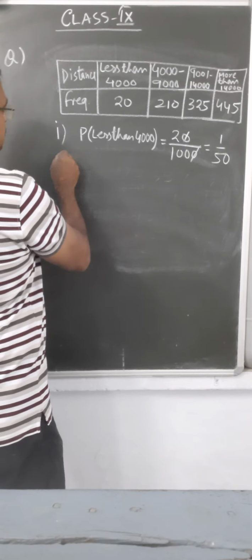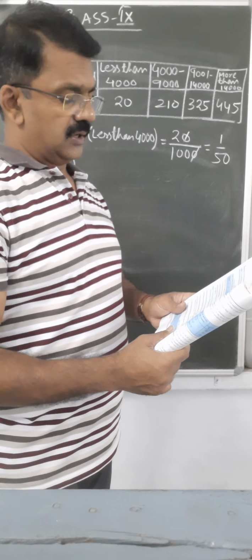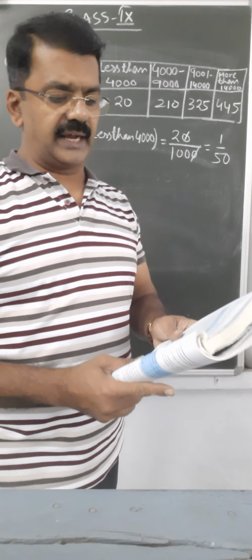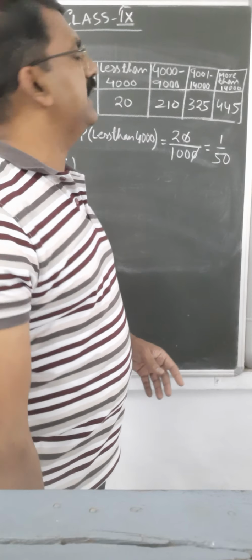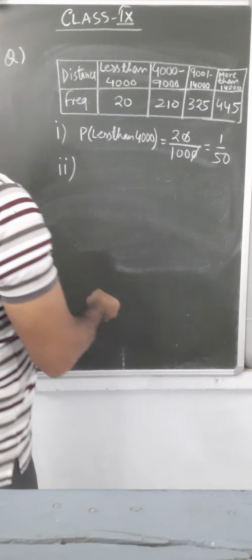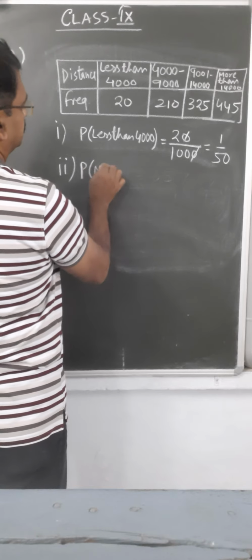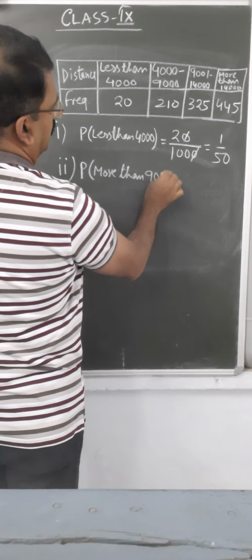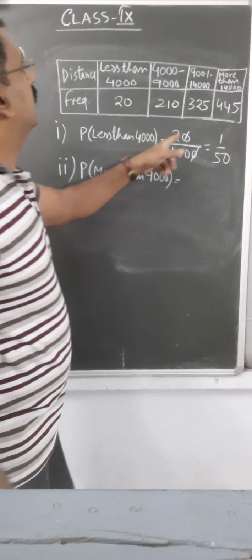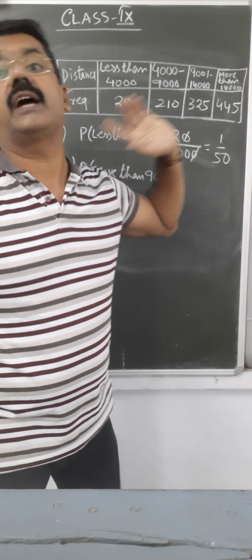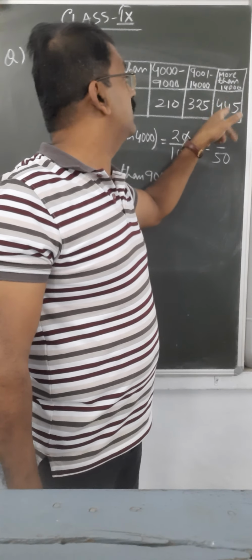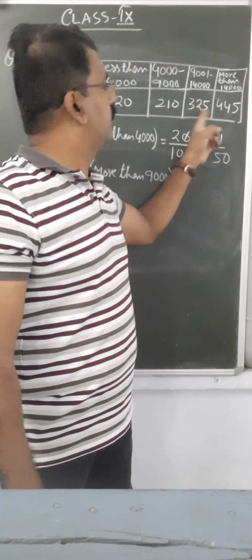Second part of the question says: find the probability that the tire will last more than 9,000. So the probability of more than 9,000. If you see, in more than 9,000, 325 and 445 both are there, because from 9,000 to 14,000 it is 325 and more than 14,000 is 445. So more than 9,000, both will be included.